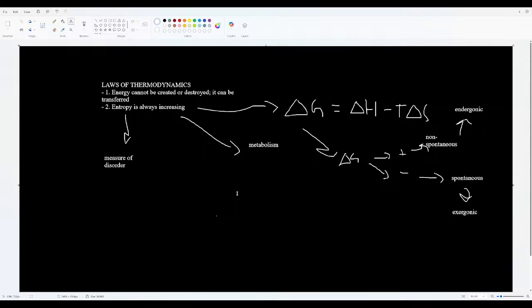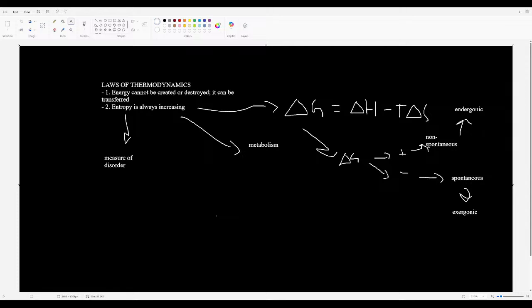Within the system, we have to take energy from outside if it's endergonic. It's all way too complicated, right? It's all kind of its own thing. So yeah, like I said, if it's going to be negative delta G, it's going to be spontaneous, it's going to be exergonic, right?